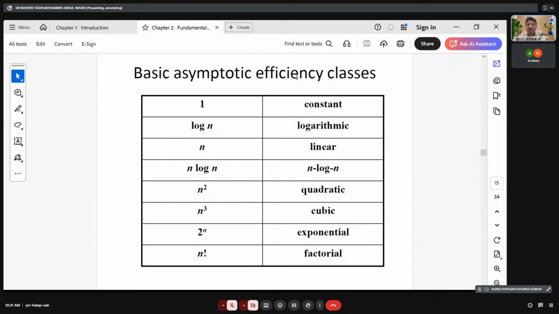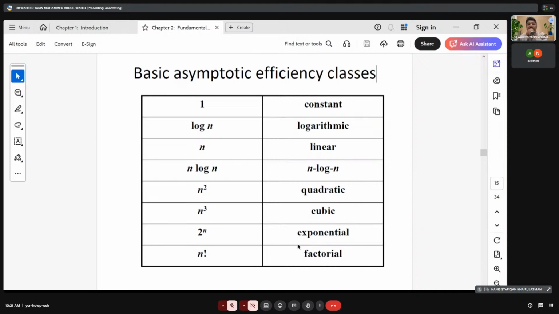Here are the basic asymptotic efficiency classes. We have constant, log n logarithmic, n linear, n log n, n power 2 quadratic, n power 3 cubic, 2 power n exponential, and n factorial.